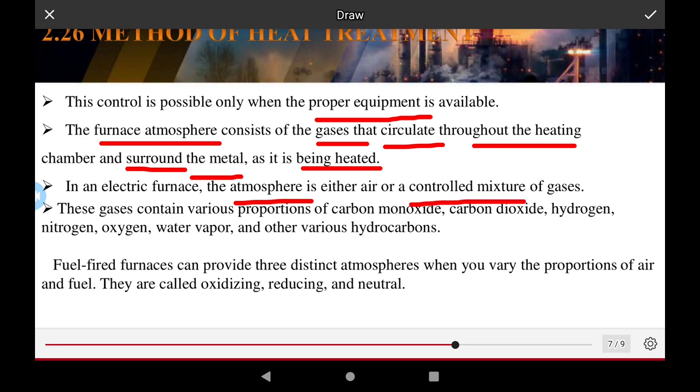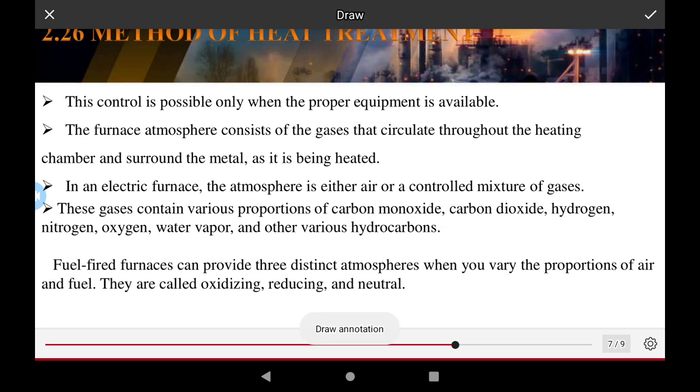These gases contain various proportions of carbon monoxide, carbon dioxide, hydrogen, nitrogen, oxygen, water vapor, and other hydrocarbons. A fuel-fired furnace can provide three distinct atmospheres when you vary the proportion of air and fuel.